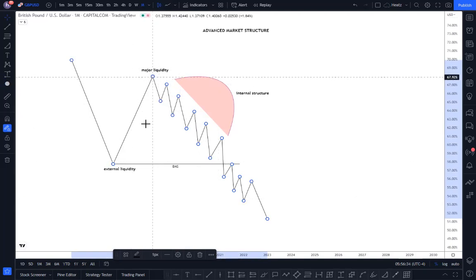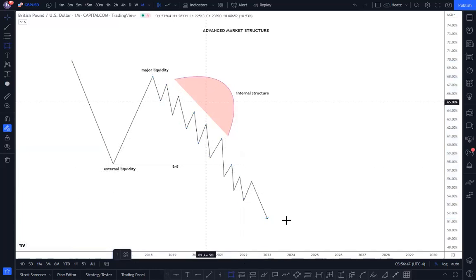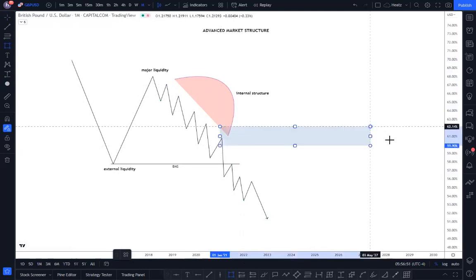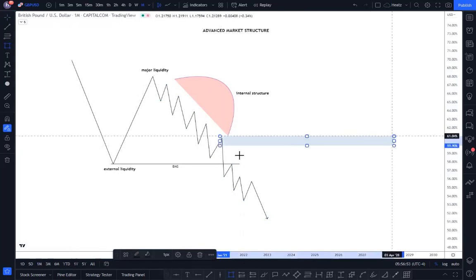From this high to this low, it means that within this structure range, before price took out external liquidity, price was mitigating all these zones. So all this zone here is mitigated. So the likely point of interest that will be suitable to continue this bearish move is from this last mitigated zone here. That is the last mitigated zone, and then the AC of that last mitigated.